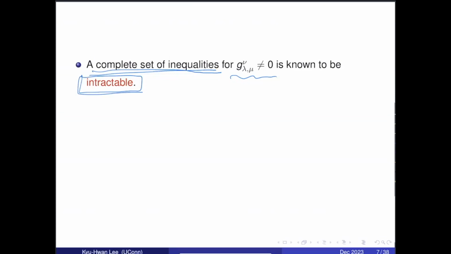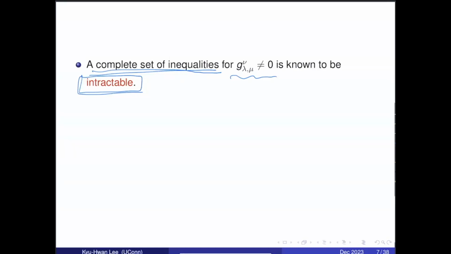So in principle, one may be able to write down the complete set. But if you really want to write that out, it becomes more and more complicated. So in the end, it becomes almost impossible to write down everything.